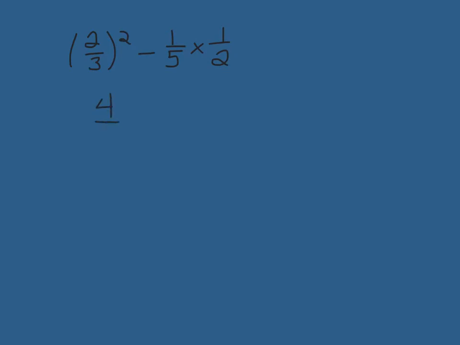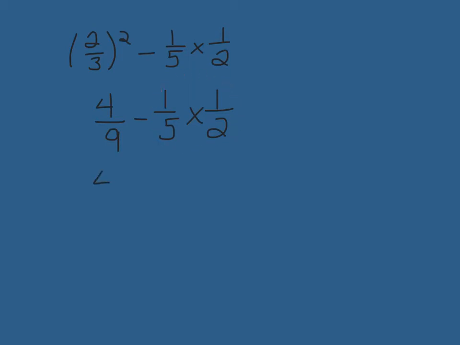So I have 4/9 minus, then I just bring these straight down, 1/5 times 1/2. Our next thing would be to multiply or divide going from left to right. Right here is multiplication, so I need to do this next, 1/5 times 1/2.